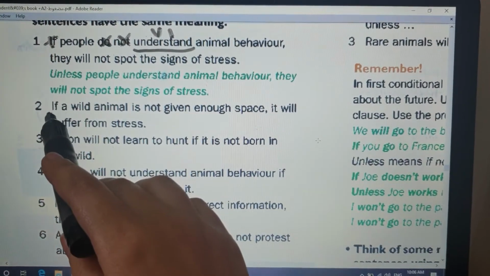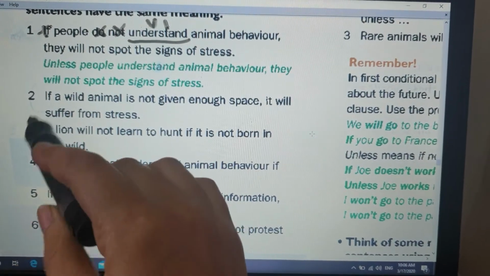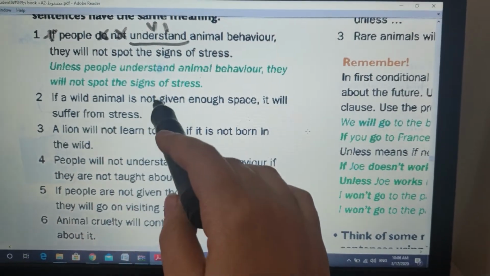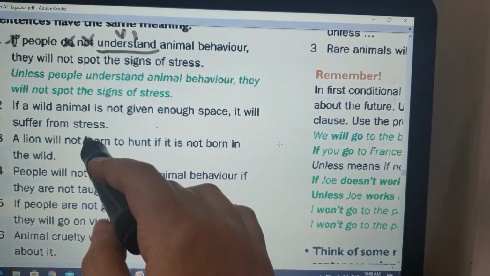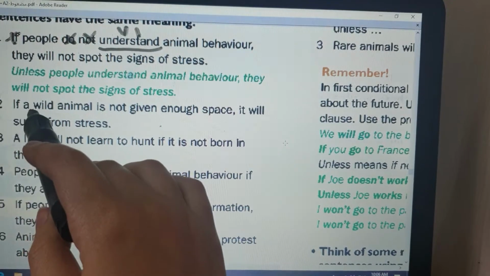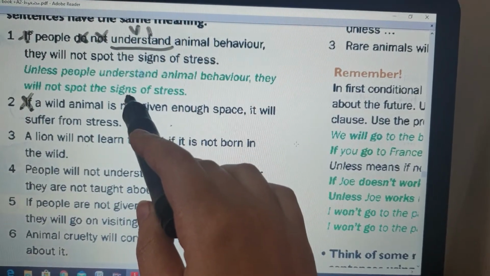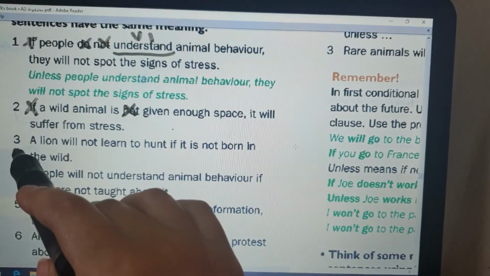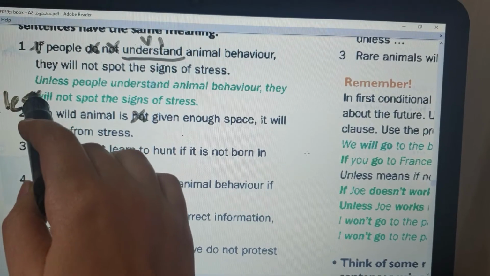Let's try to do this one together and I will show you the answers of the rest. If a wild animal is not given enough space, it will suffer from stress. We will delete the if, we will delete the not, and we will use unless.